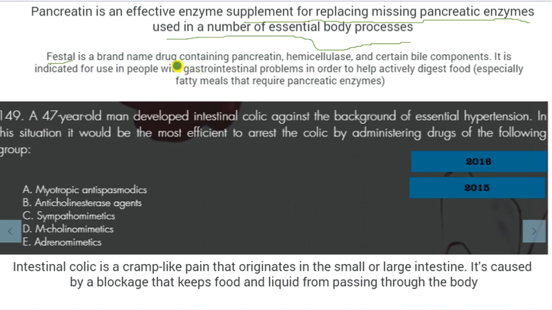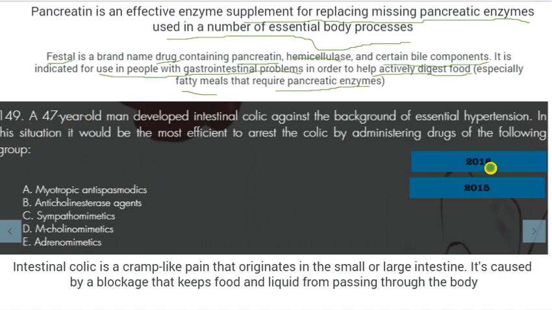Festal is a drug containing pancreatin, hemicellulase, and certain bile components. It is indicated for people with GIT problems, helps digest food, especially fatty meats, that require pancreatic enzymes. Next question.